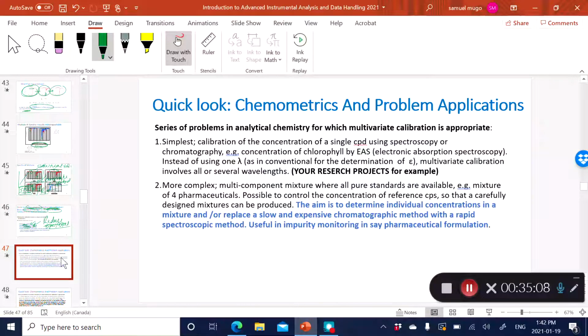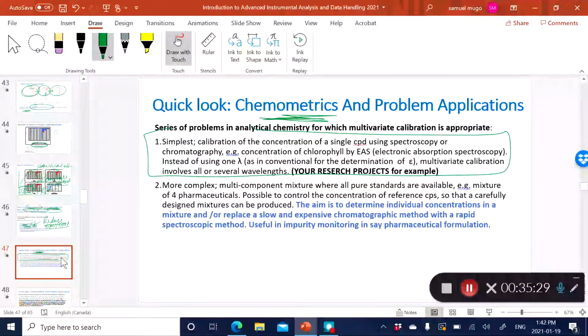So let me very quickly go through 3 case studies or 4, where chemometrics or multivariate regression is very useful. Case number 1, which is fairly straightforward, you're trying to generate a calibration of a single compound, but a single compound is being analyzed using, say, chromatography or spectroscopy, meaning you get multiple wavelengths or multiple signals.